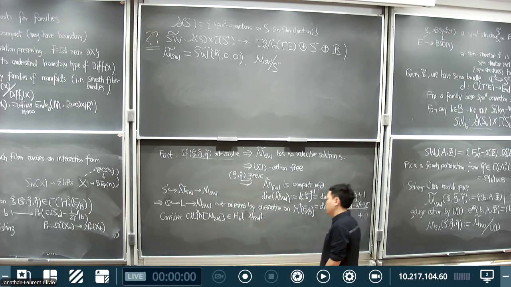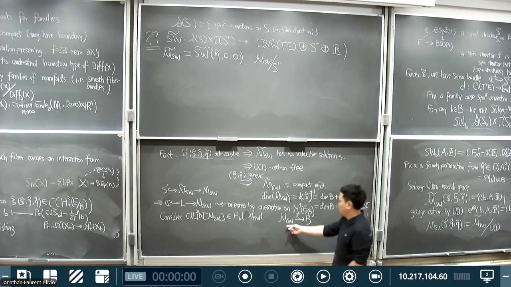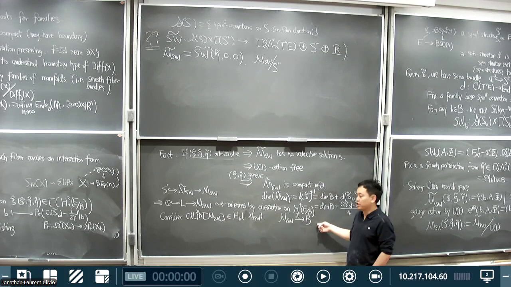Remember that MSW has a natural projection, because really this is just the union of the moduli space over each fiber. So there's a natural projection.